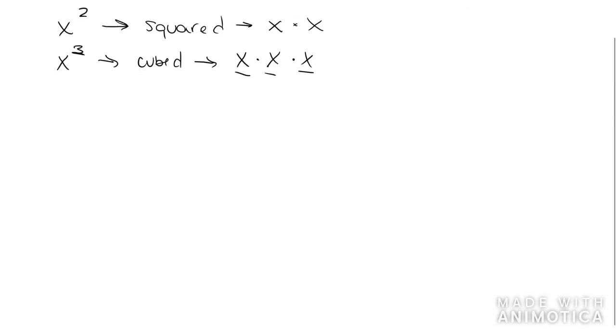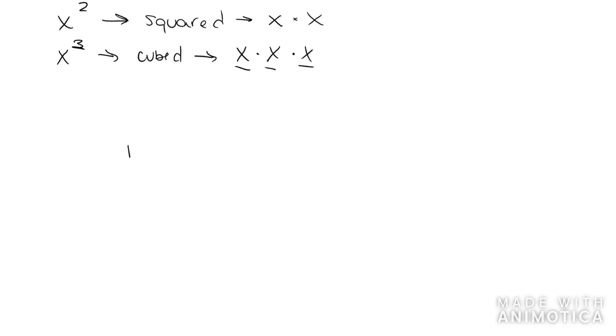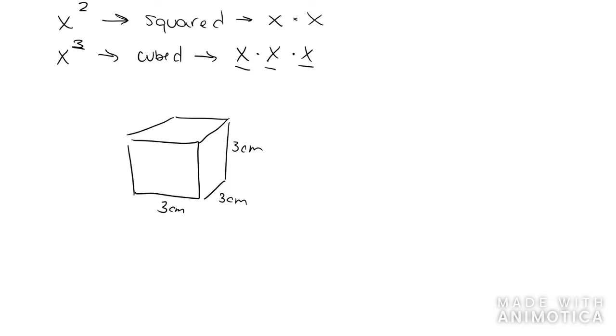So the reason why this is important, especially when it comes to volume, is if you have a cube that say has 3 centimeters by 3 centimeters, and a height of 3 centimeters. To find out the volume, what you do is you find out the area of one side.